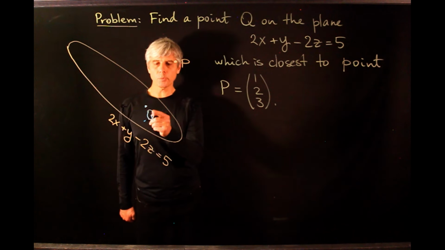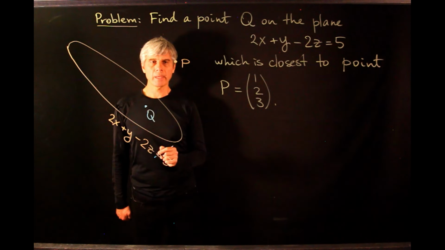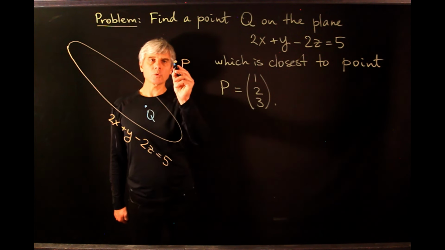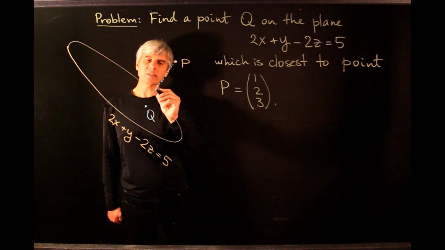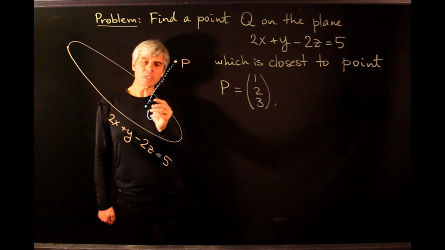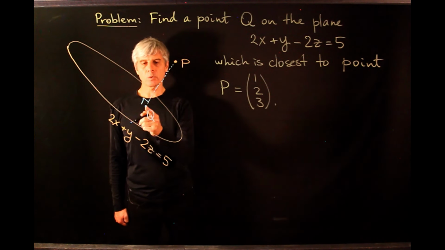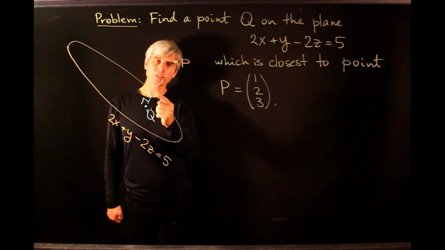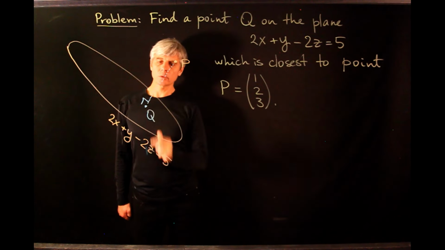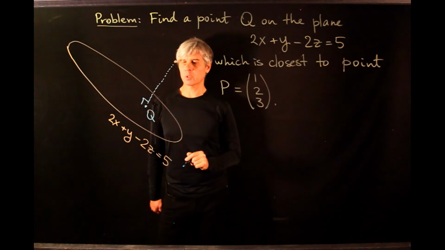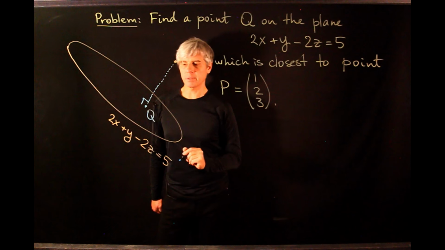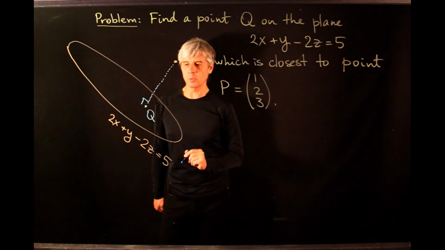How can we find such a point Q on this plane? To do this, we need to drop a perpendicular from the point P to this plane, and so find an orthogonal projection of point P to this plane. And so this will give us the location of point Q.